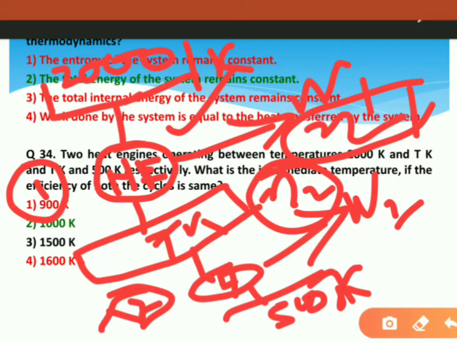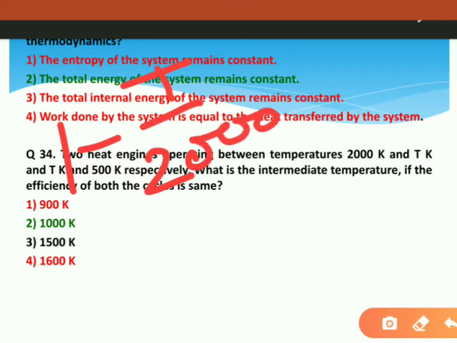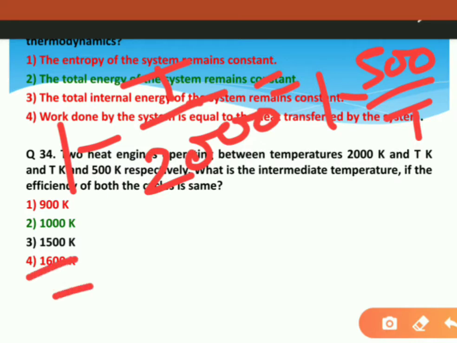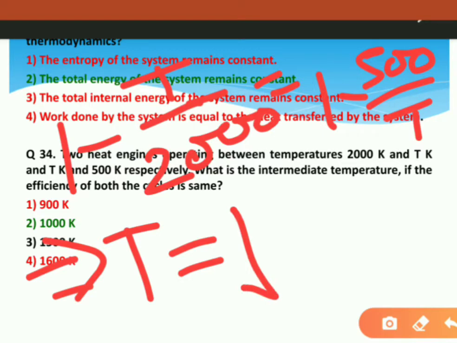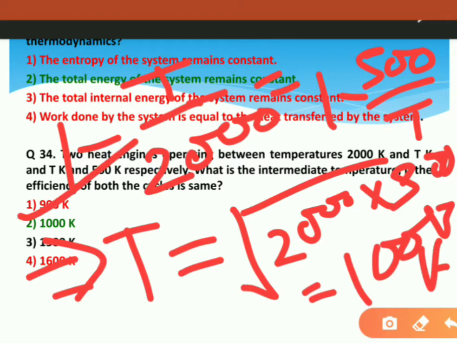Efficiency for heat engine 1 is equal to 1 minus T divided by 2000, which is equal to efficiency 2, that is 1 minus 500 divided by T. After solving that equation, we find that T will become root over 2000 into 500, that is 1000 Kelvin. 1000 Kelvin, that is option 2, will be the correct answer here.